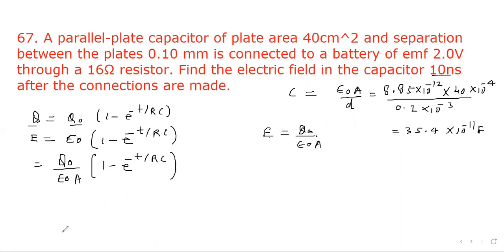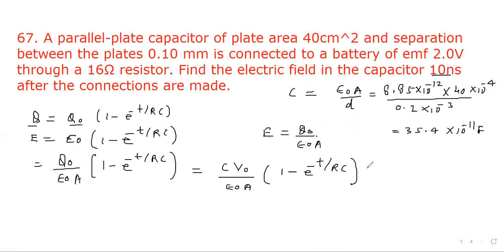Now, Q equal to CV. So here we can write C times V0, meaning initial voltage or potential difference, divided by epsilon naught A, times 1 minus e to the power minus t upon RC.